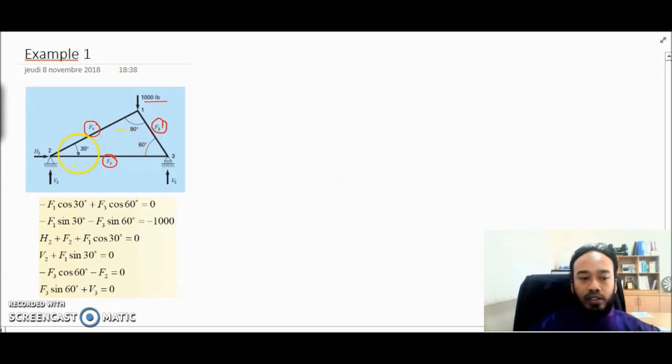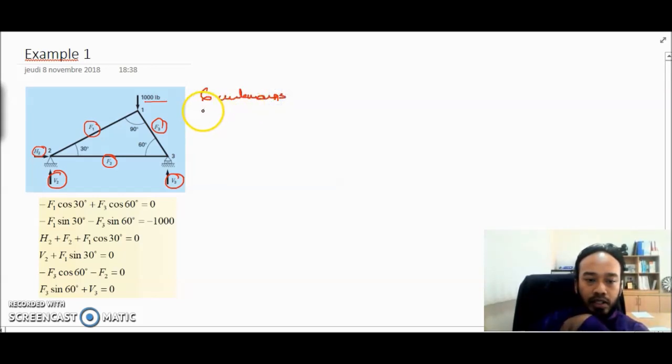And of course, there are also the forces related to the constraints of the connections to the ground, which are H2, V2, and V3, right? So here we have 6 unknowns, right?